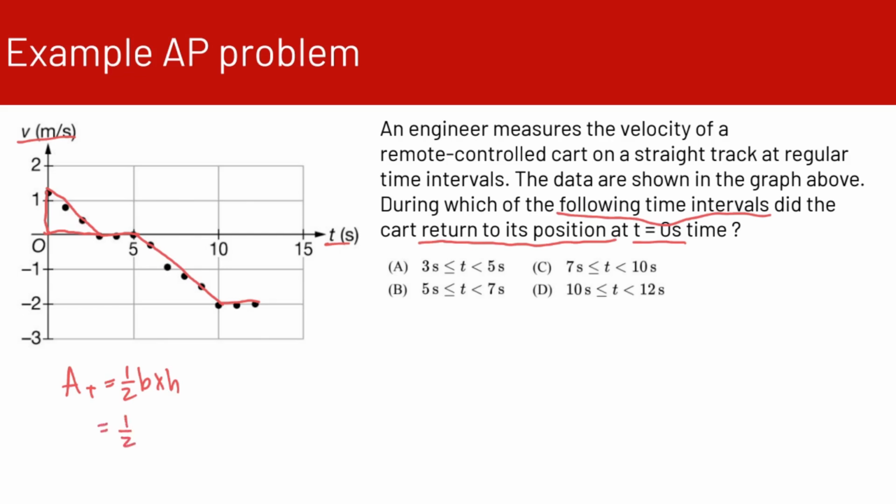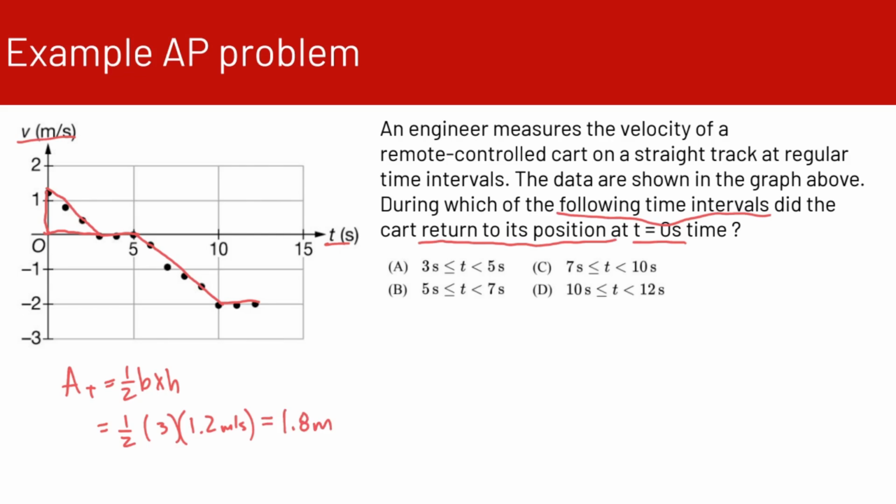Our base is approximately, let's say, 3 seconds, and then our height goes up to 1.2 meters per second. So that's 1.5 times 1.2. All right, so it's been displaced about 1.8 meters over this time.